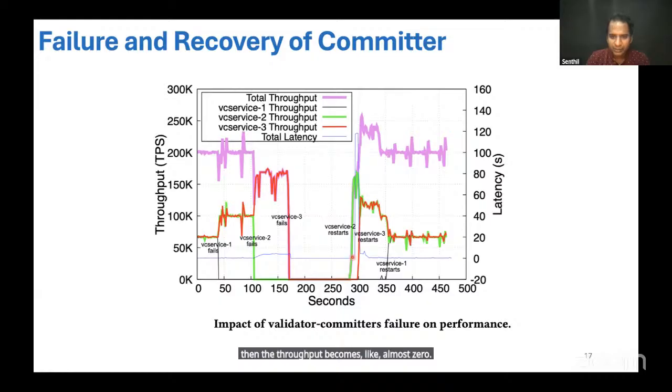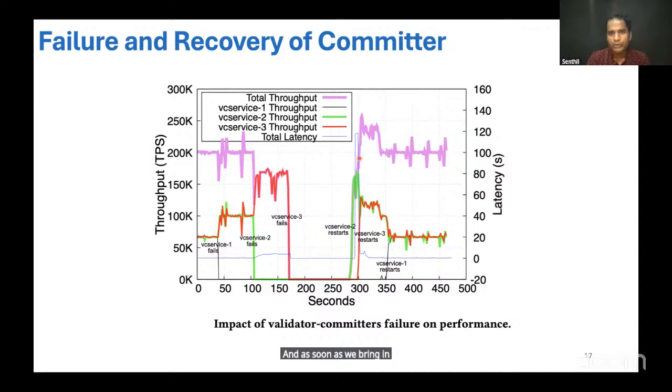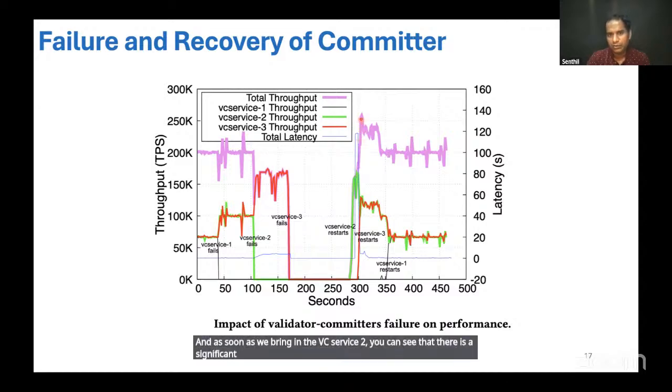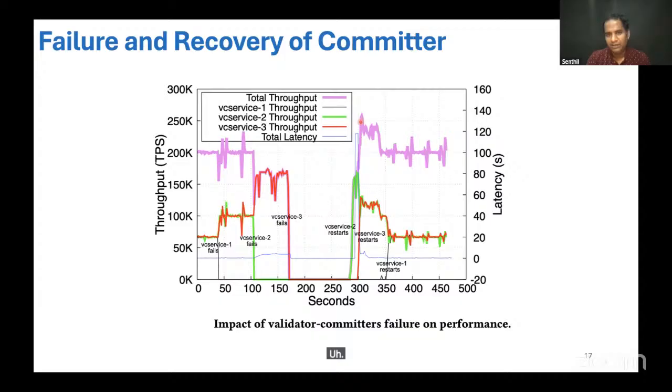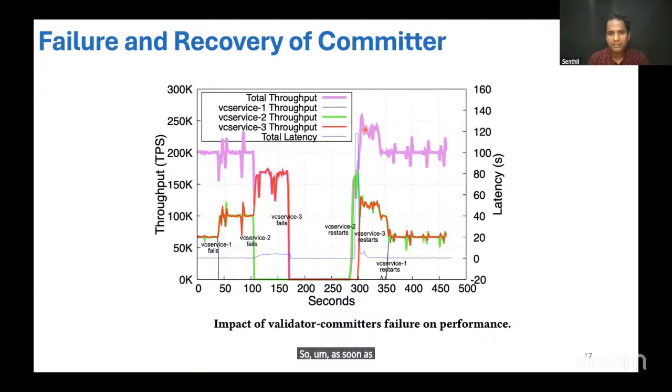Then we bring in VC service 2. As soon as we bring in VC service 2, you can see a significant growth in the total throughput. It goes up to 250K TPS. The main reason is that when all the VC services are dead, there is a lot of queuing up happening at the coordinator and the signature validator, etc. So as soon as it comes up, there are a lot of pending requests that it can process very quickly.